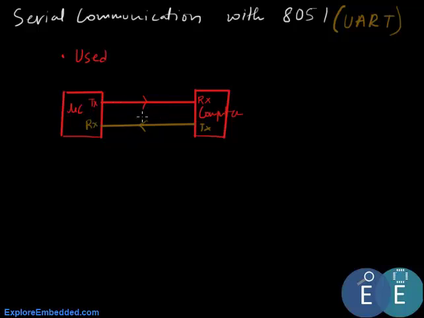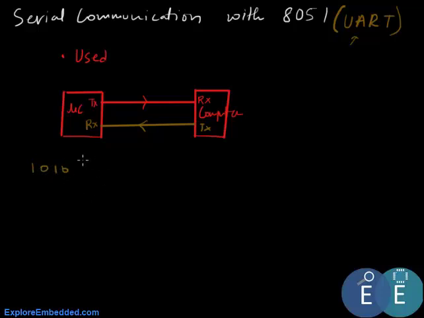Now asynchronous means there is no common clock between these two devices. Why do we require a clock? Let us take an example. Say I want to transmit 1010 as binary data.